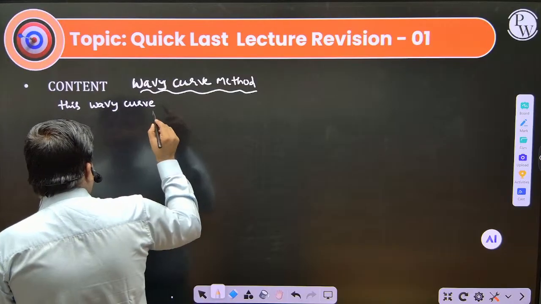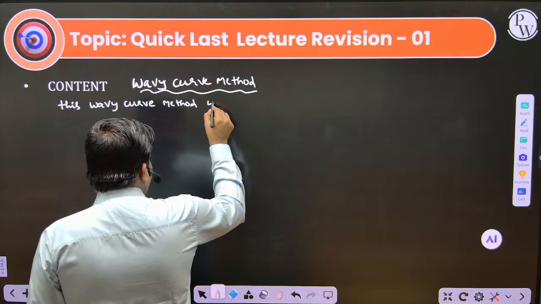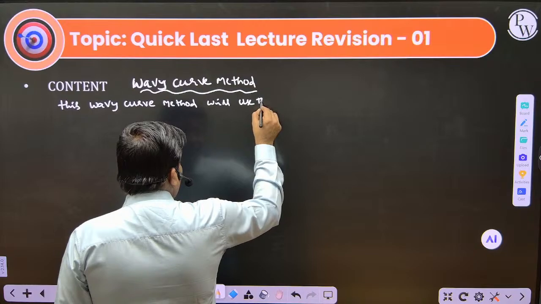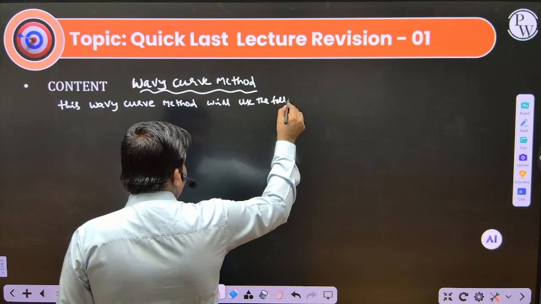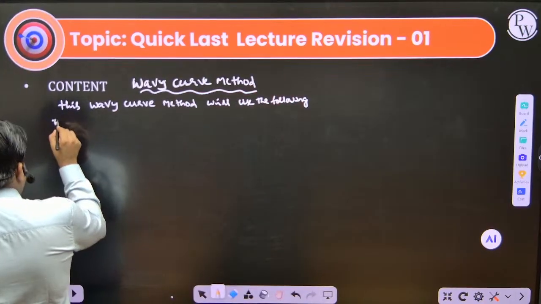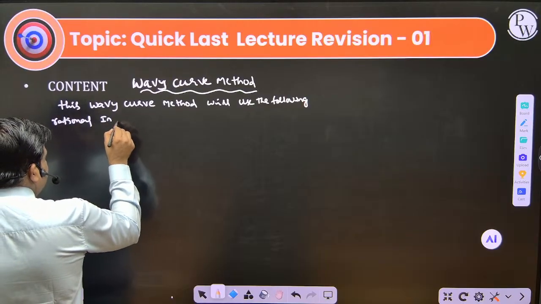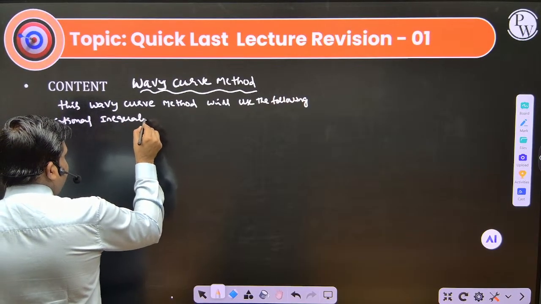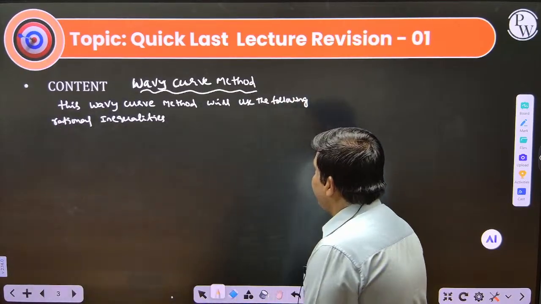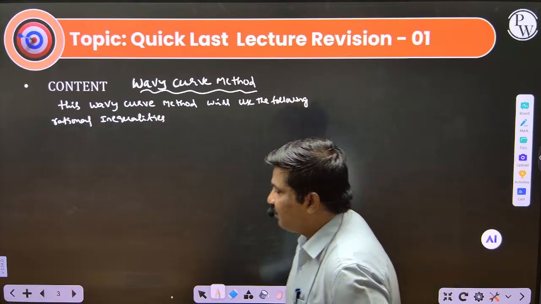This wavy curve method will use the following rational inequalities.